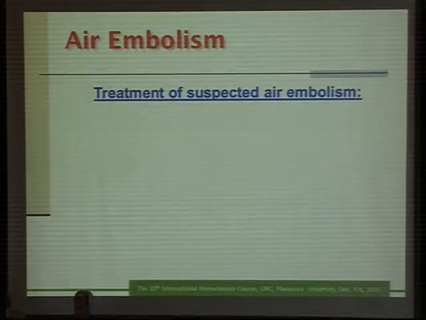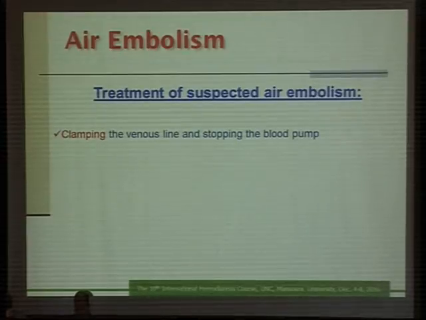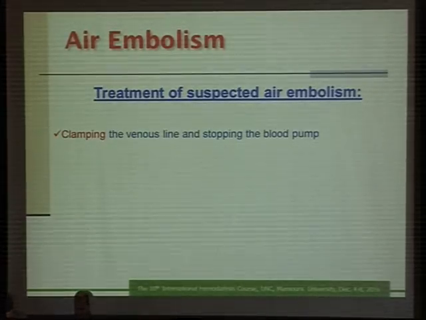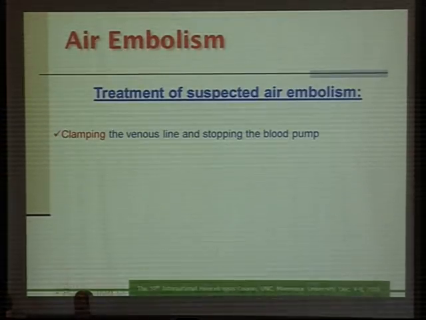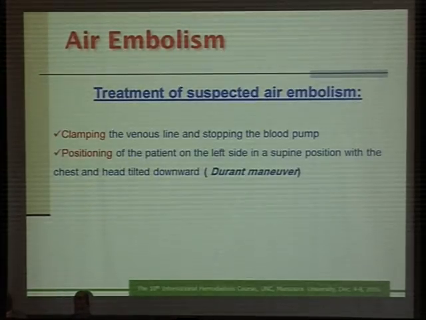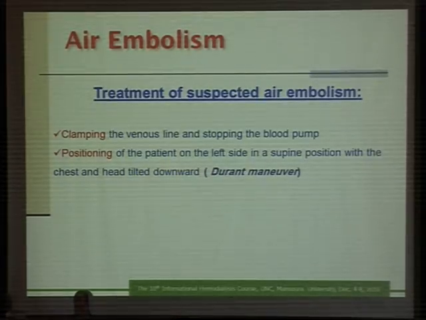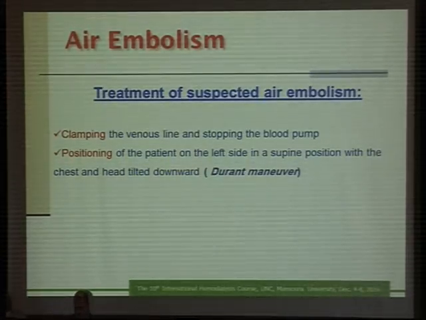How to treat suspected air embolism? First of all, we should clamp the venous line and stop the pump. Position the patient on the left side, supine position, with the chest and head tilted downwards.